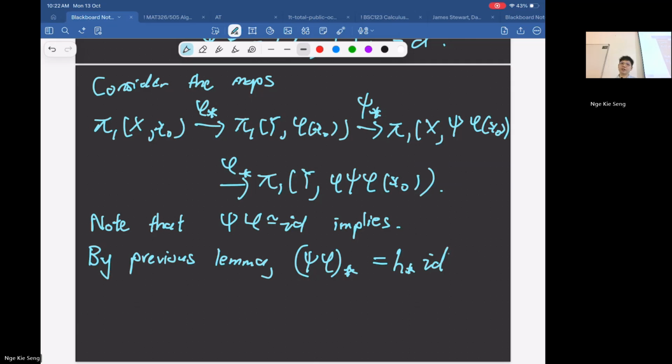From just now. But then H star is an isomorphism, right? On the other side, you have these two induced maps composed together. So what does this mean? This means that the composition is an isomorphism.